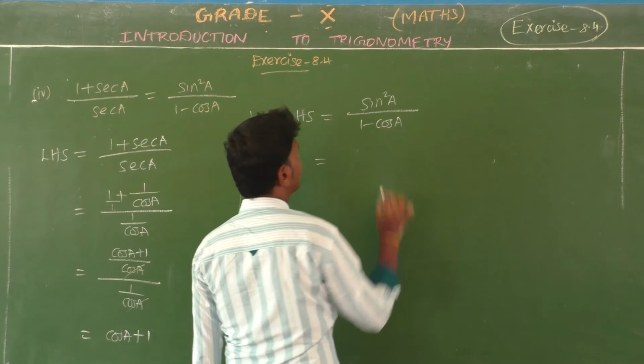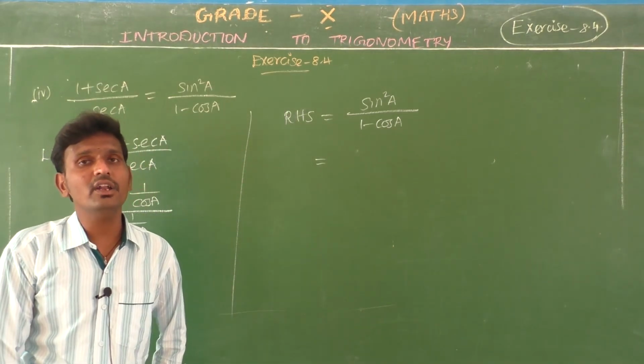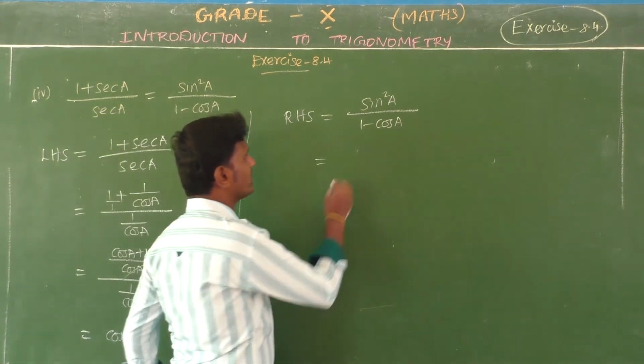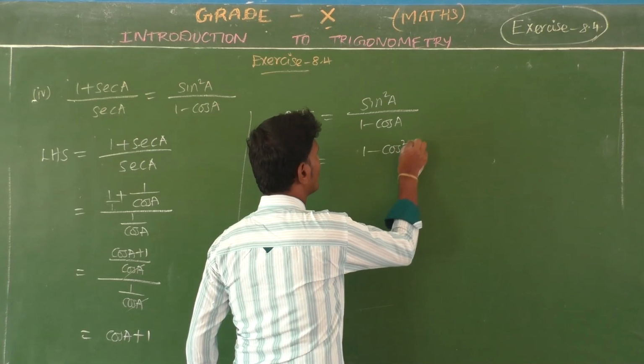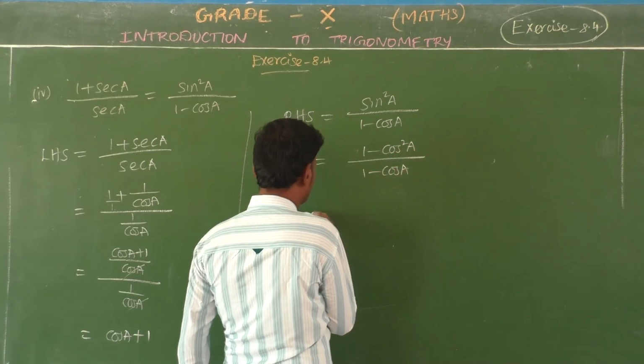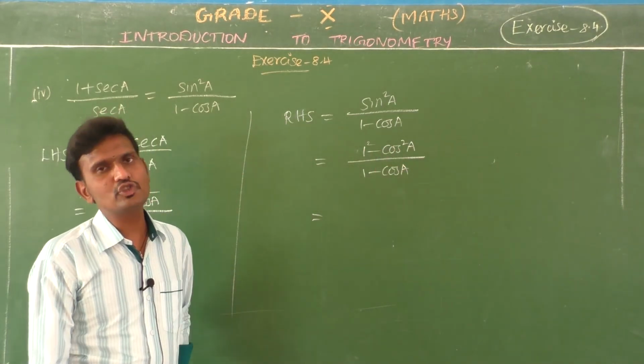Sin square A, from identity number 1, means 1 minus cos square A. So 1 minus cos square A whole divided by 1 minus cos A. For the 1, I am going to consider 1 square.